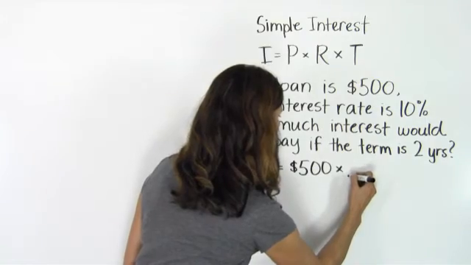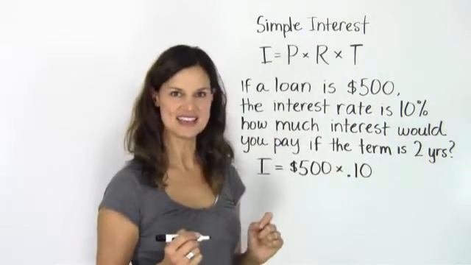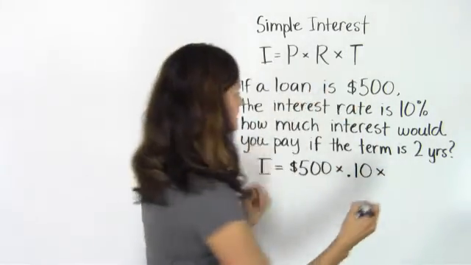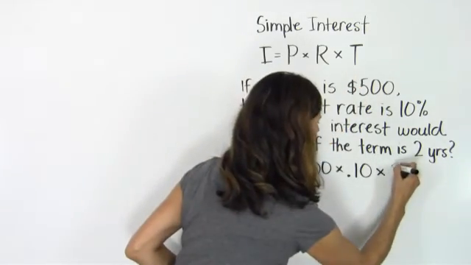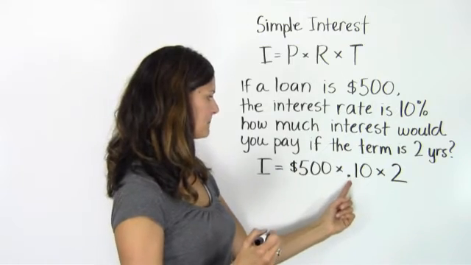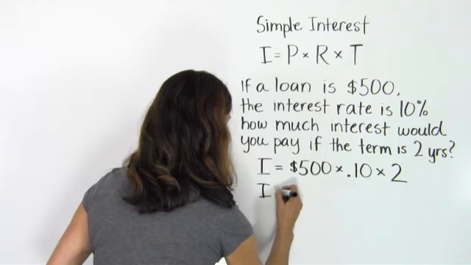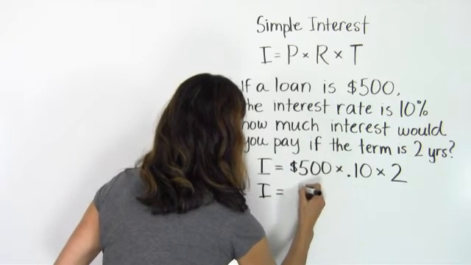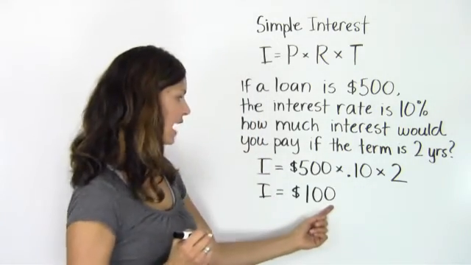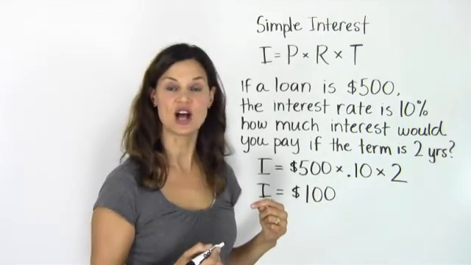So I'm going to multiply by 0.10 for 10% converted to decimals, and times my term of 2 years. So 500 times 0.1 times 2. When I calculate that, my interest turns out to be $100. So I'm going to pay interest of $100 on my $500 loan.